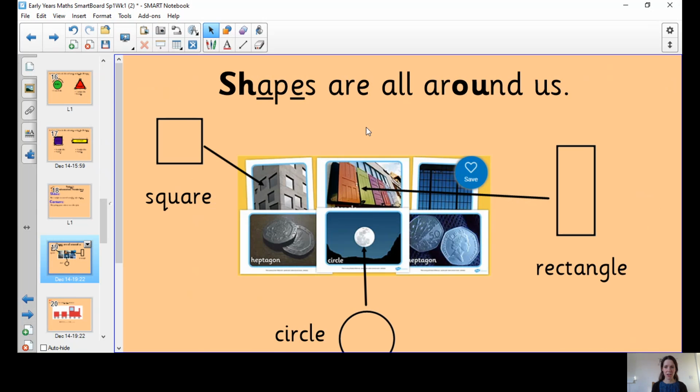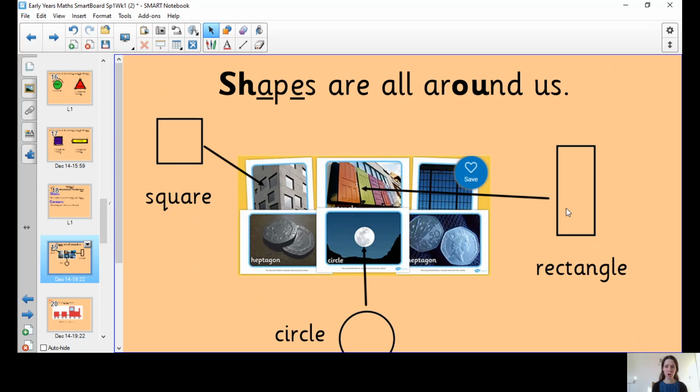Today, we're going to think about shapes that are all around us. We can see in these pictures that there are lots of different shapes. These windows in the building are square-shaped. They have 4 corners and they have 4 straight sides. These doors are rectangle-shaped.